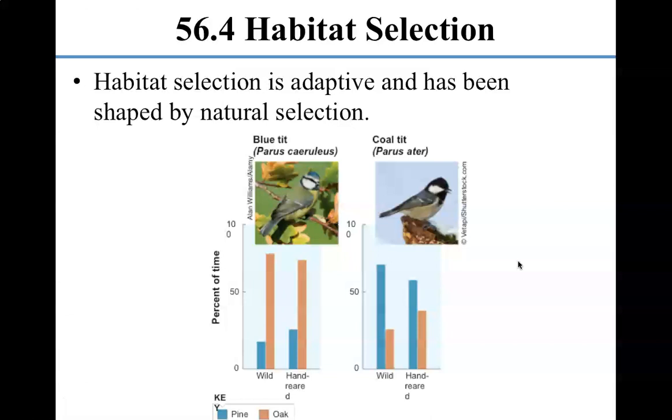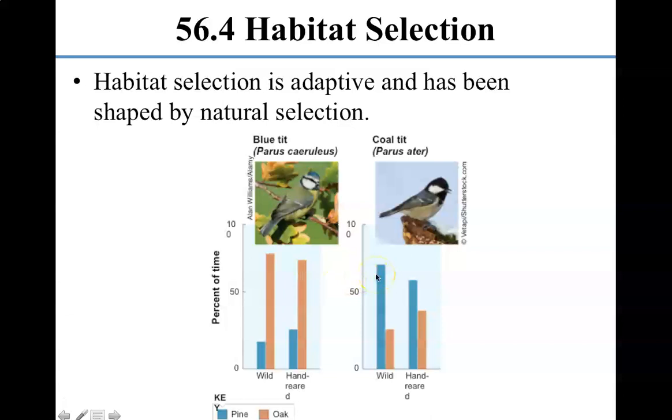When they look at the preferences of the habitat selection by the wild birds, they found that most of the time they preferred oak forests. Sometimes they live in the pines, but they preferred oak. And if they reared them in captivity and then released them, they found that they still had that preference. It wasn't as strong, but they still had a preference for oak forests.